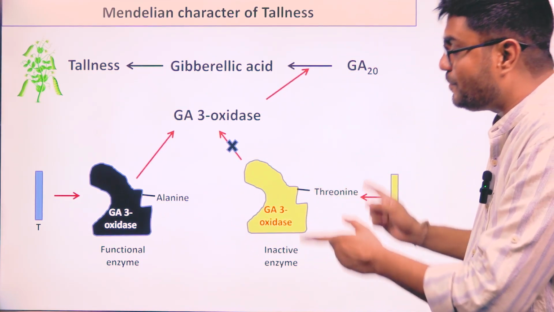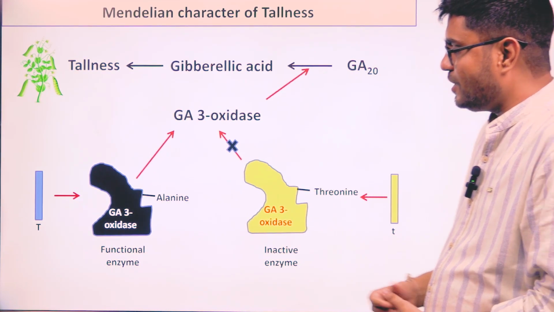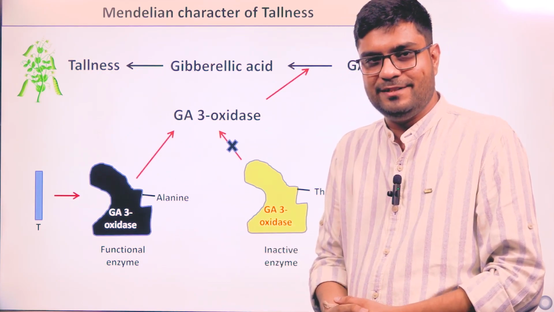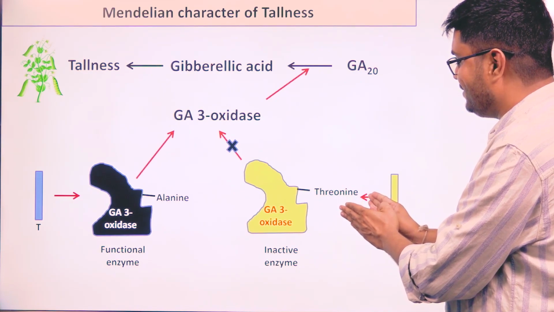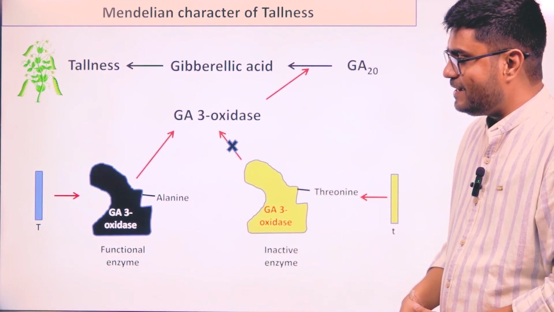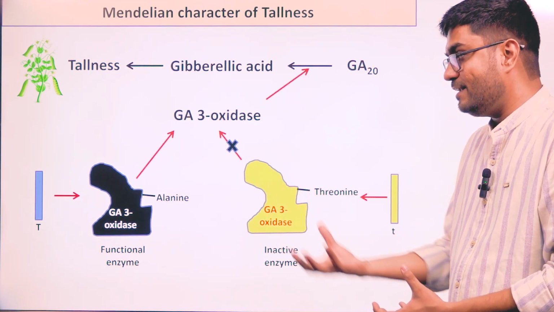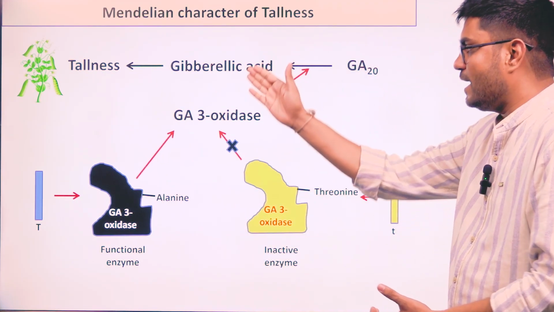If we look at the protein structure, the functional enzyme has the amino acid alanine in the active site, which is replaced by threonine in the inactive enzyme. So the dominant allele is making an enzyme with alanine in the active site, which is functional and able to do this reaction.